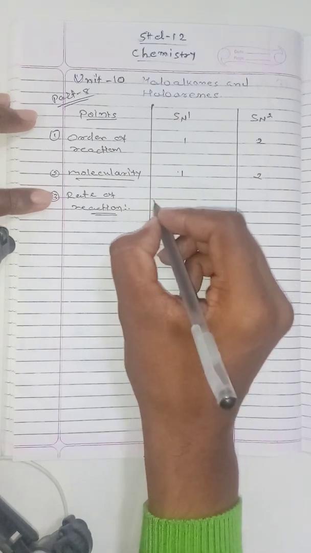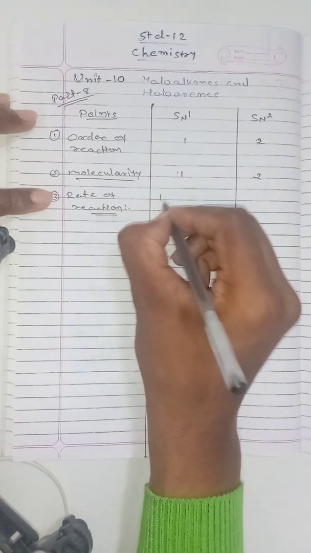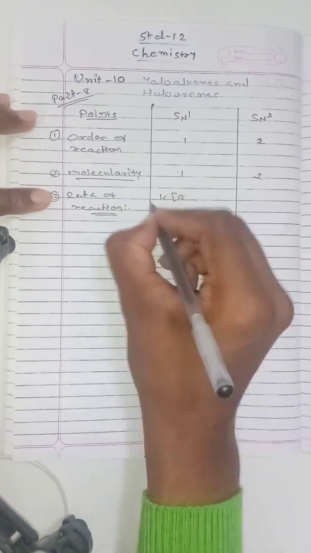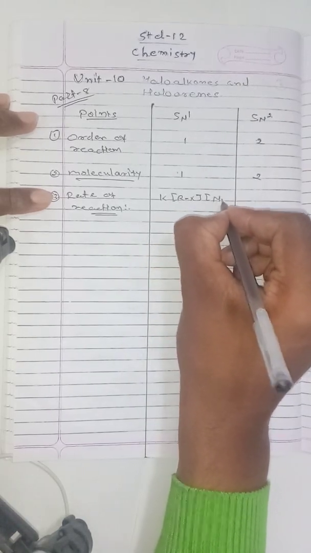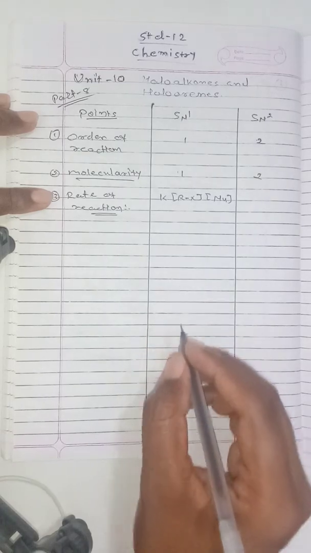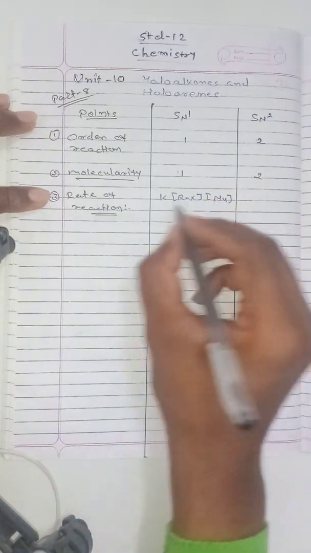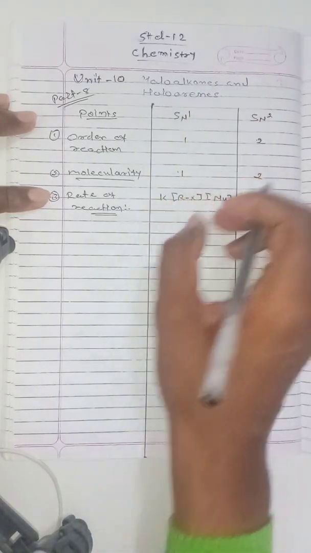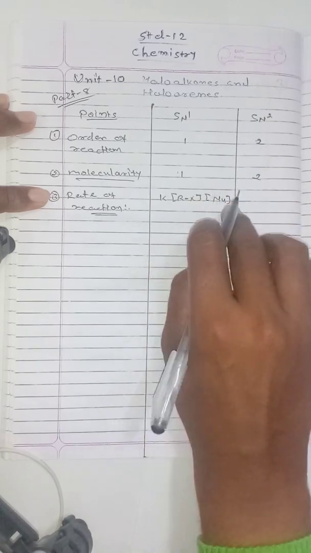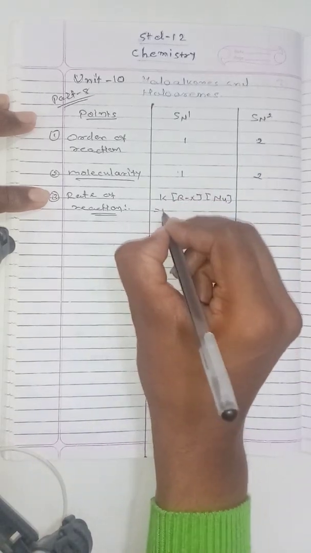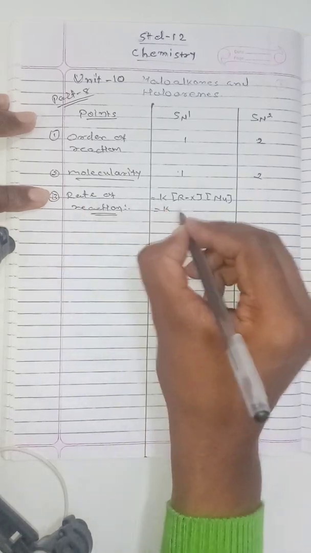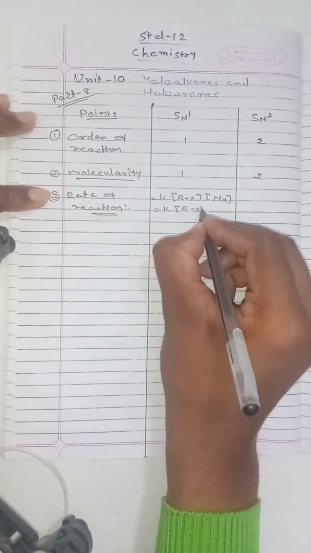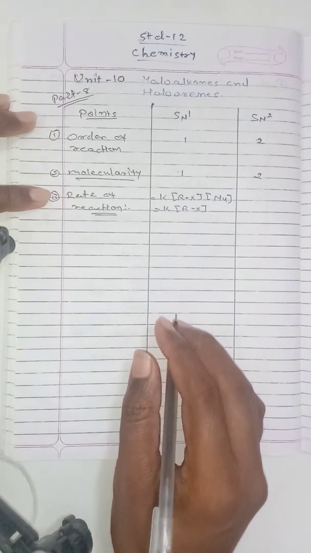Here for SN1 reaction, the rate is K into concentration of alkyl halide into concentration of nucleophile, but SN1 is independent of the concentration of nucleophile. That's why we can write rate equals K concentration of alkyl halide only.